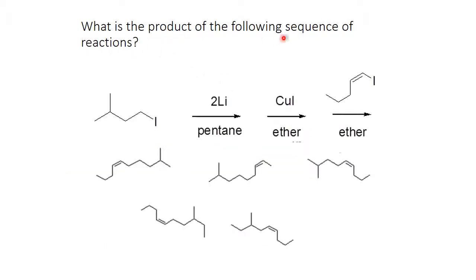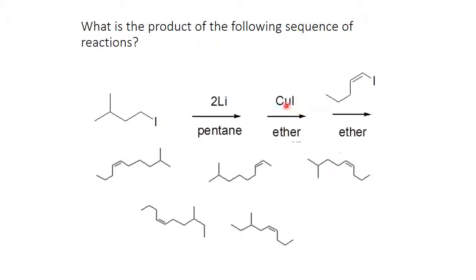What is the product of the following sequence of reactions? Well, reaction of an alkyl halide with 2 lithium gives you the lithium replacing this iodine right here.